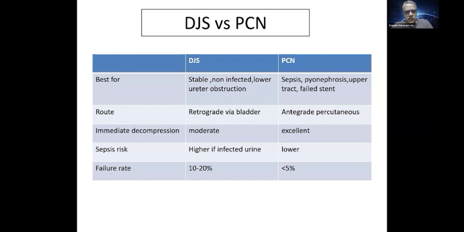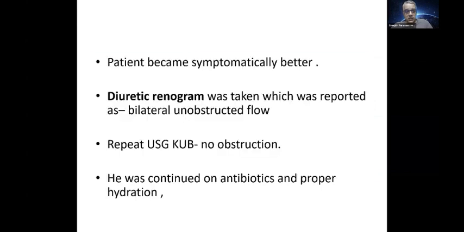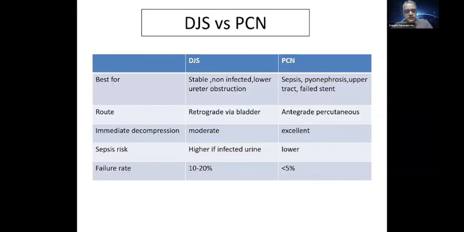This is not dictated by us, unfortunately. This is usually decided by the urologist. The intervention decision is usually not entirely in our hands. But generally, urology people will try to stent the patient first, and if it doesn't work, then they go for PCN.